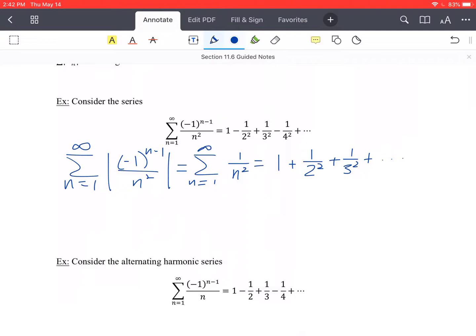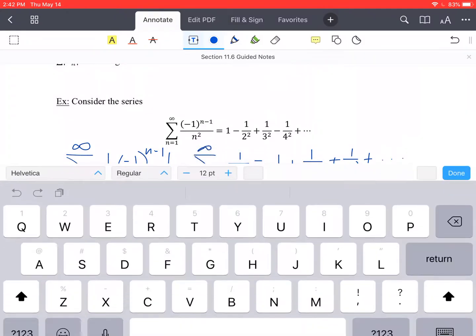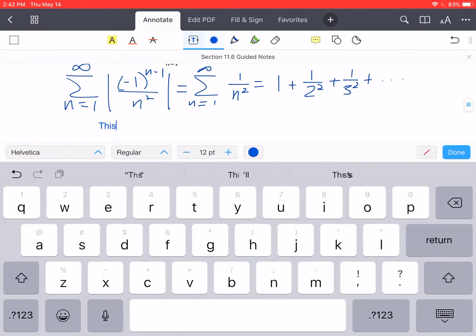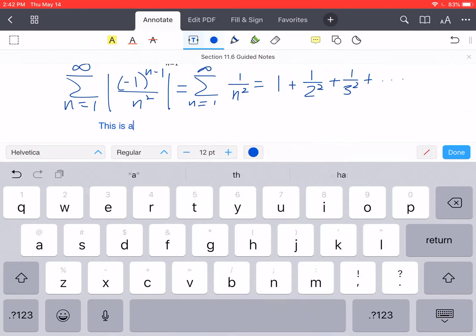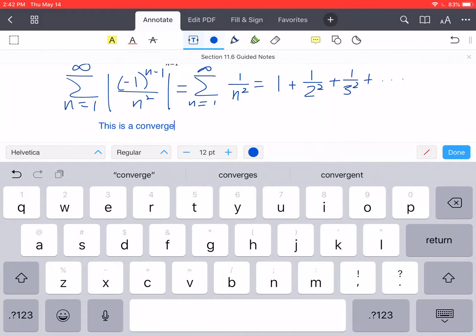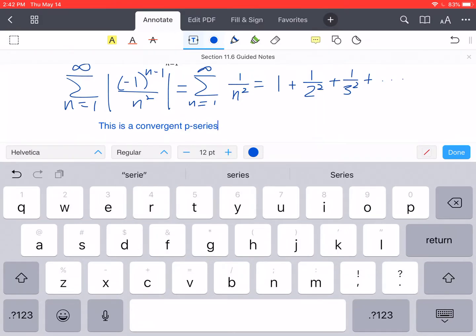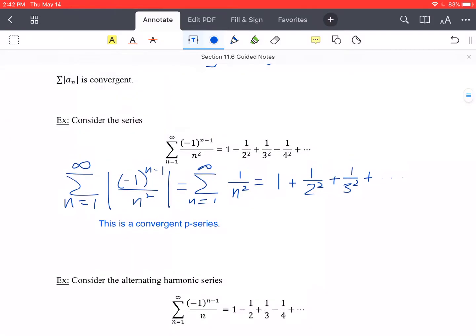And this is a series that we know, right? We've worked with this one before, and even if we hadn't, we could determine it's convergent. So it's a convergent p-series, right? Because it's got a p-value of 2.